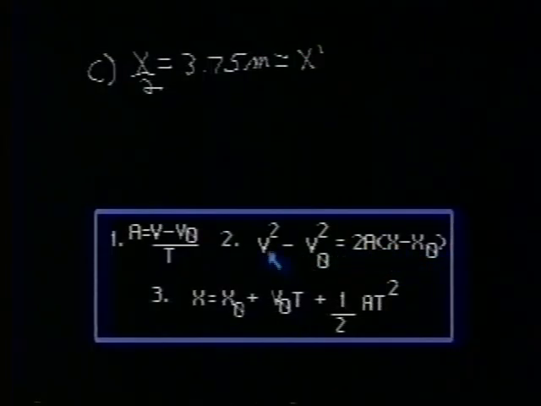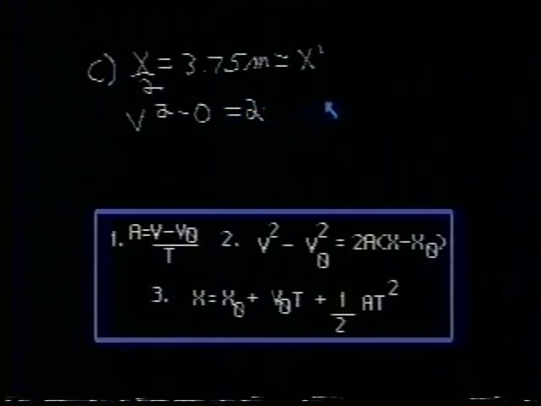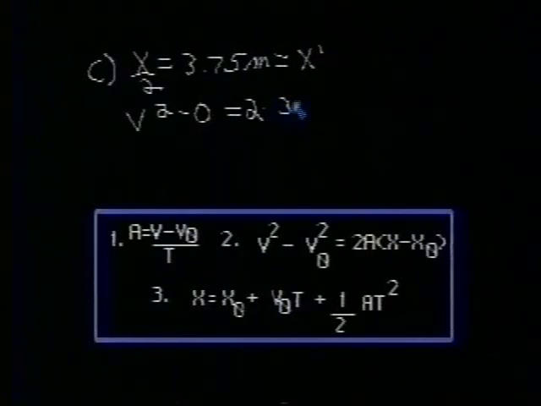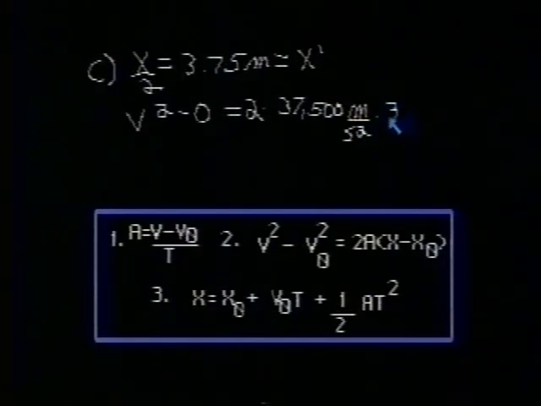Let's try that and write that the final velocity squared minus the initial velocity squared, which is 0, is equal to 2 times the acceleration, 37,500 meters per second squared, multiplied by the distance, 3.75 meters it now is.